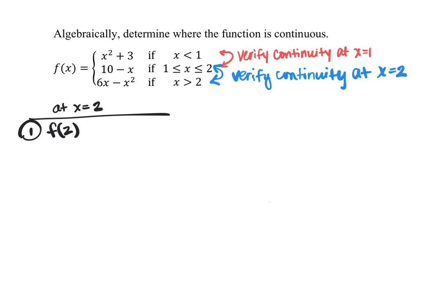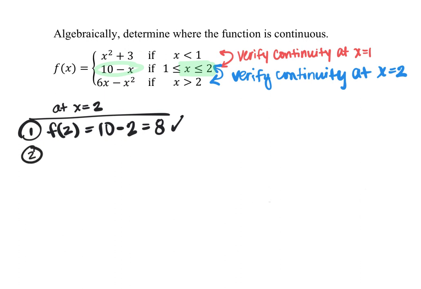If we look at the domain of each piece, we can see that the second piece is for x values less than or equal to 2. So yes, f of 2 does exist, and in fact, we could find its value by substituting 2 into the second piece of this function, 10 minus x. So 10 minus 2 gives us 8.